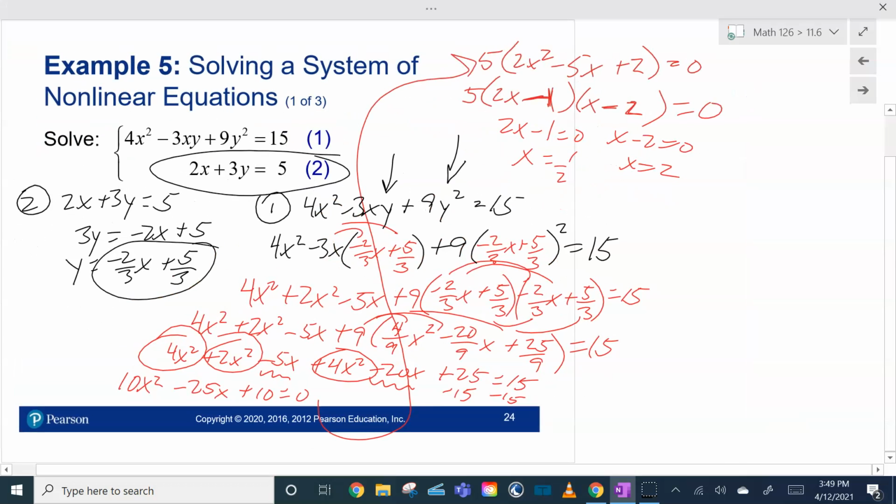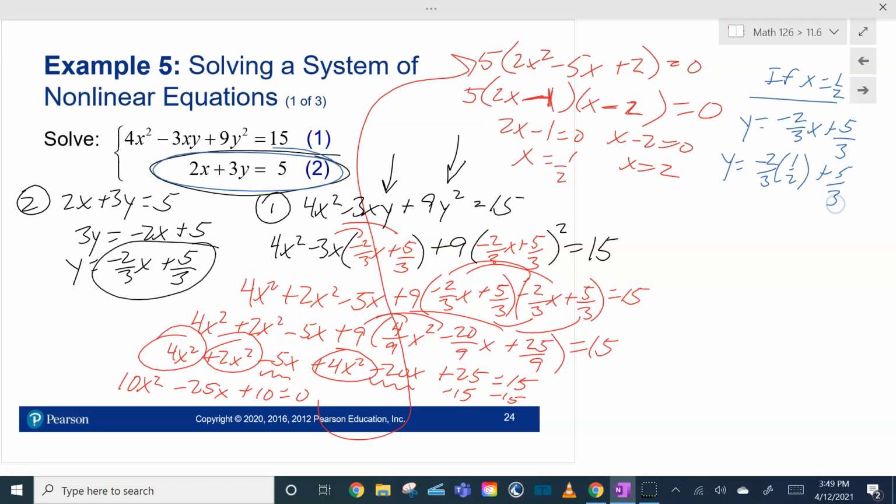So, now that I know x could be a half, I'm going to use equation 2, 2x plus 3y equals 5, or maybe I'll just use it where it's solved for y already, negative 2/3 x plus 5/3. So negative 2/3 times a half plus 5/3.